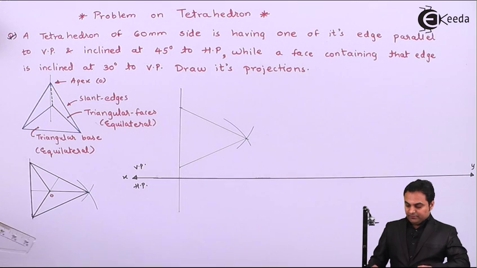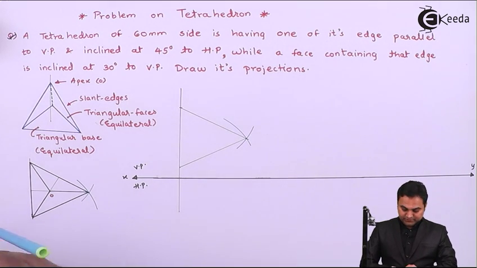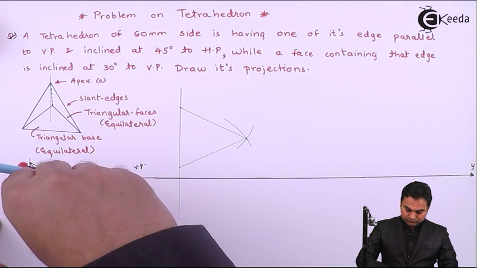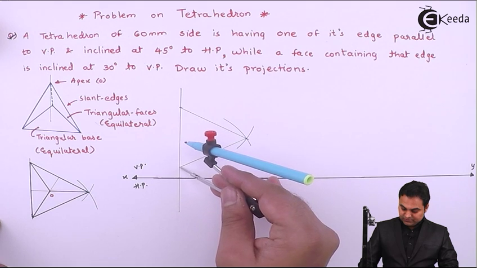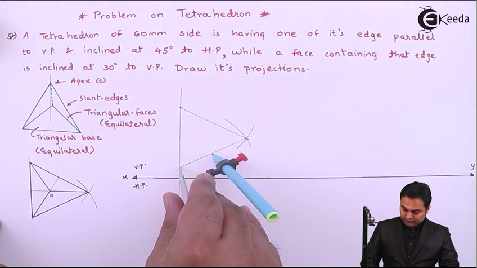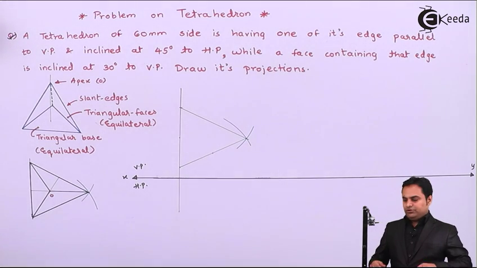Next, again I'll take midpoint of any one of the sides, and that already I have marked here. Taking this distance, marking it on one side, marking it on other side, and then joining it to the opposite corner.